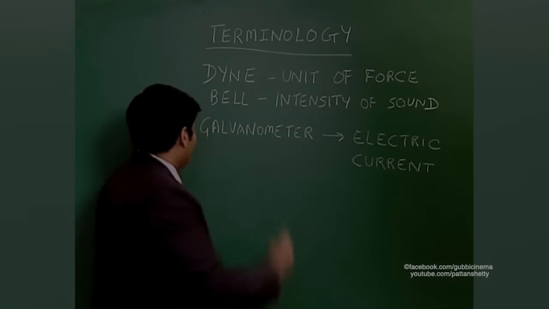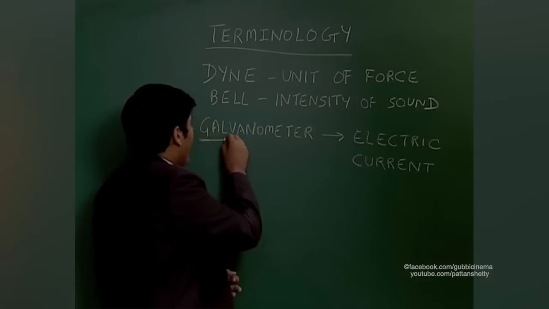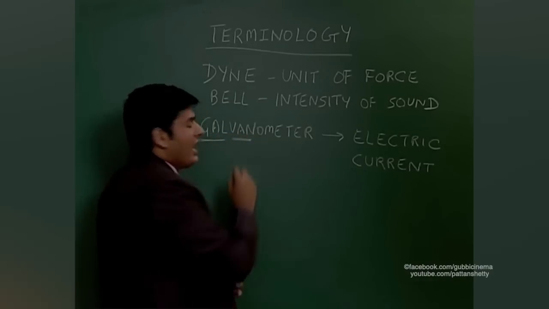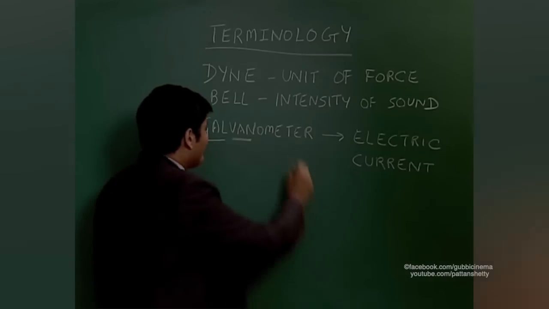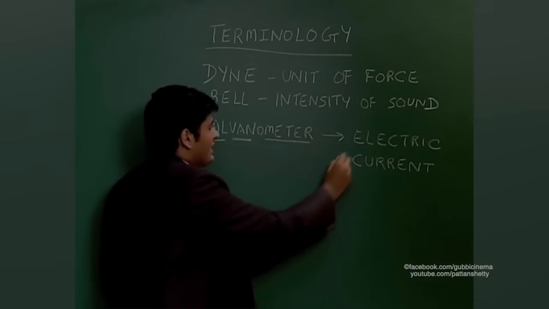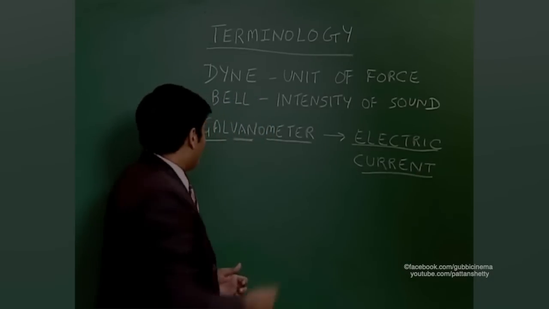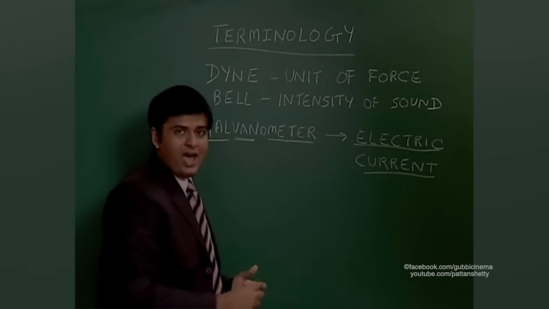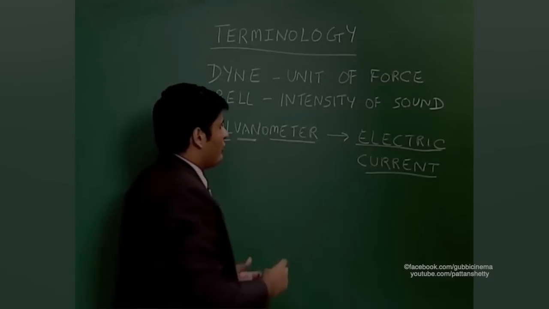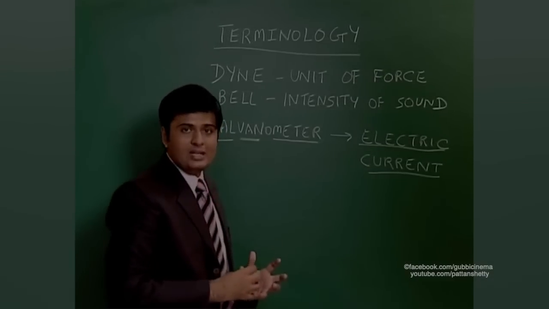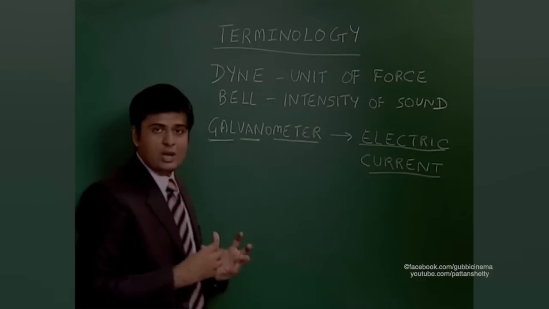So, there is a gal. A gal is a slang for girl. She's driving a van, and all of a sudden from the meter inside the van, she gets an electric current. Easy, isn't it? There is a gal, she's driving a van, and from inside the meter of the van, she gets an electric current.